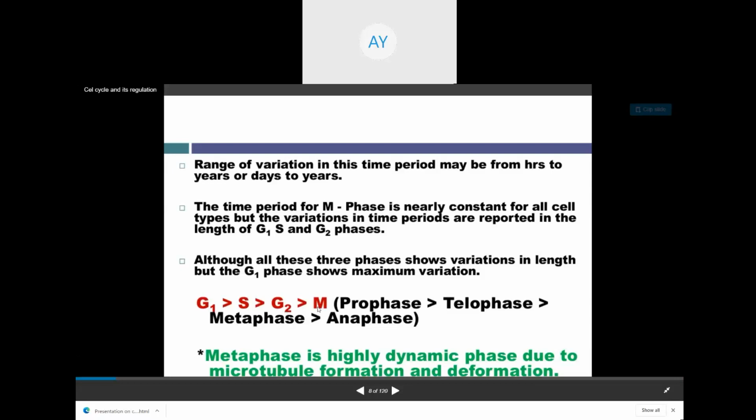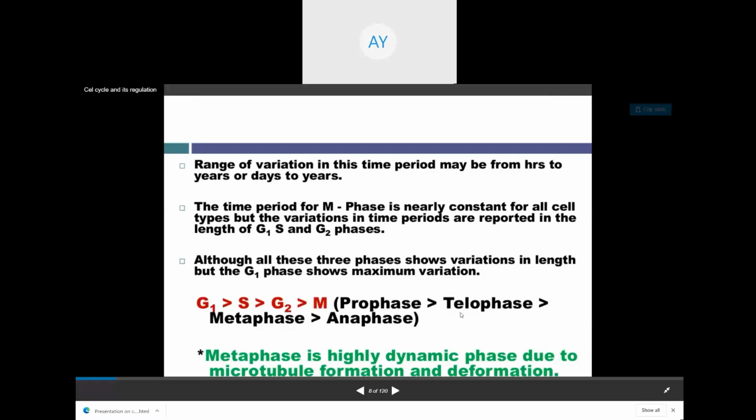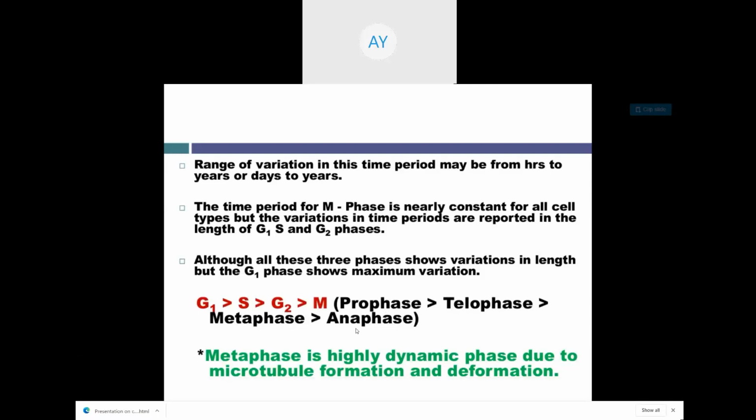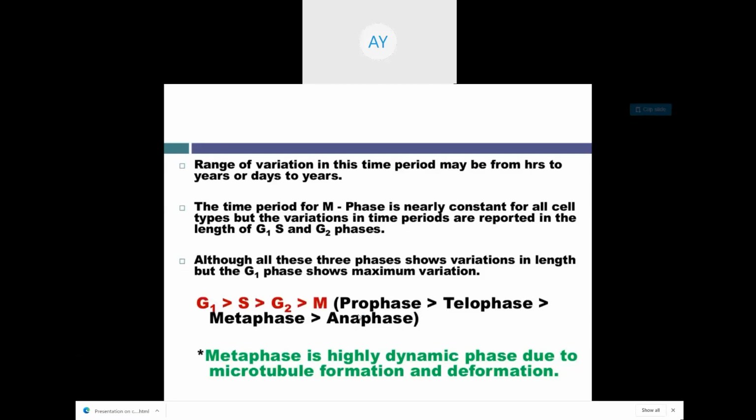In M phase also there is further subdivision for the time duration: maximum time is taken by prophase, then telophase, then metaphase, then the least time is taken by anaphase. Okay, but the sequence for the mitotic division is prophase, metaphase, anaphase, telophase. This is only for the time taken by the cell in each stage. But the sequence of the events is first prophase occurs, then metaphase occurs, then anaphase occurs, and then telophase occurs.